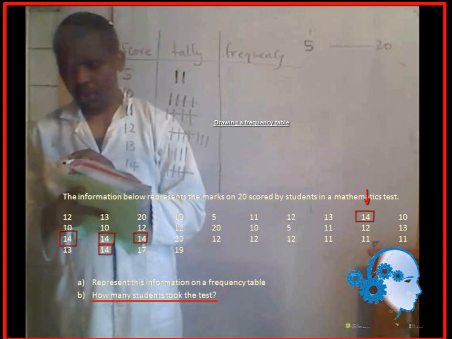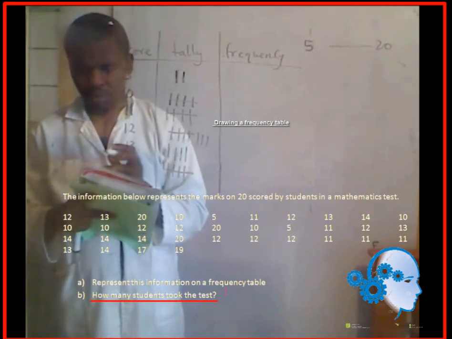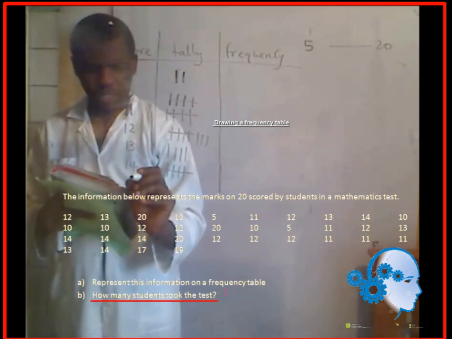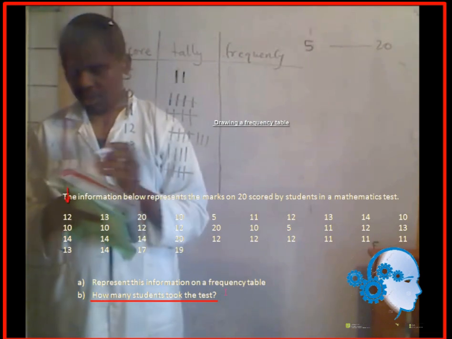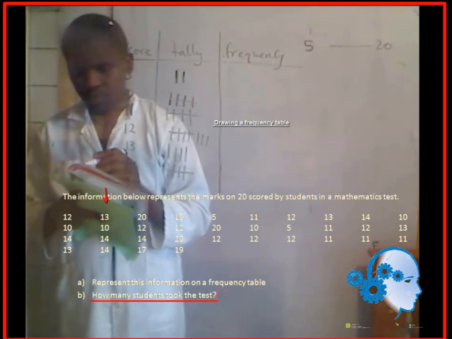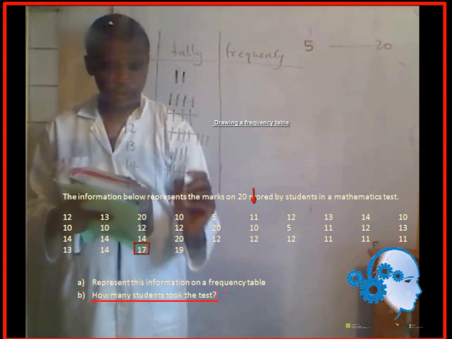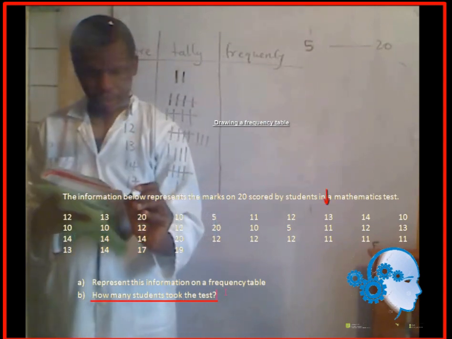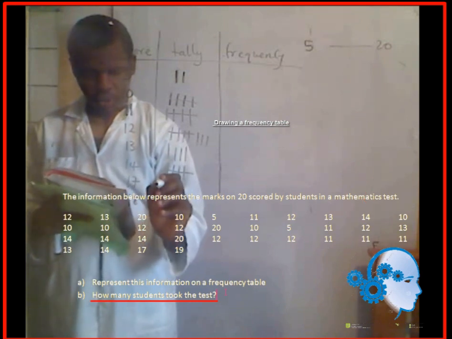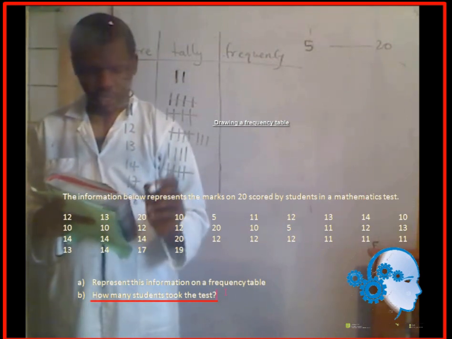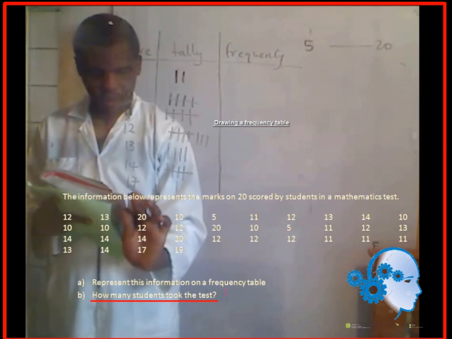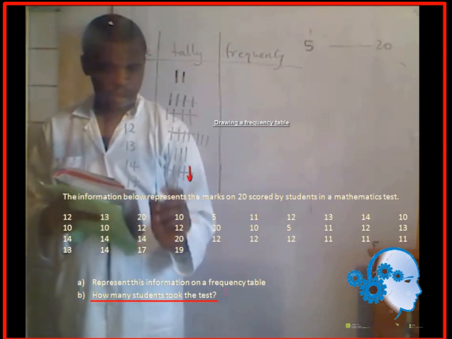I look through, I see that there is no 15 and there is no 16. So I go to the next number, 17. I start counting. 1, 17. No 18.